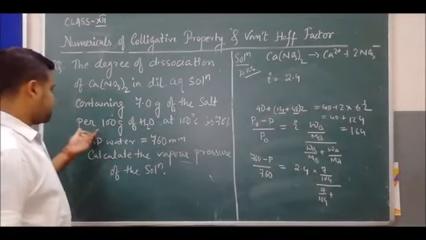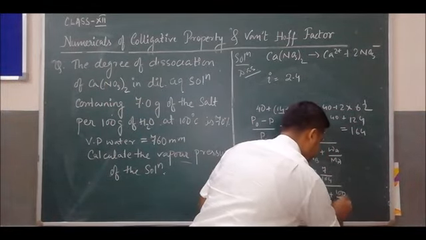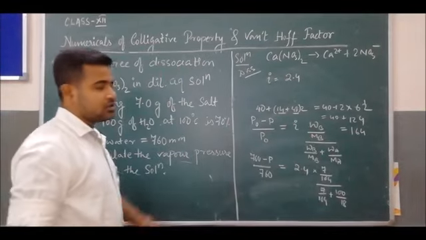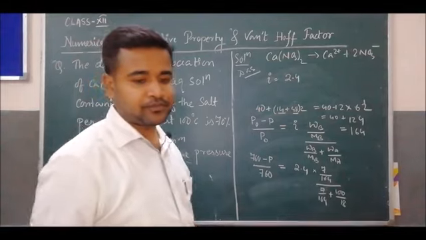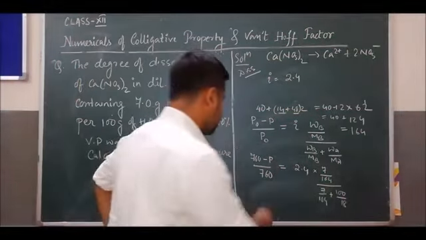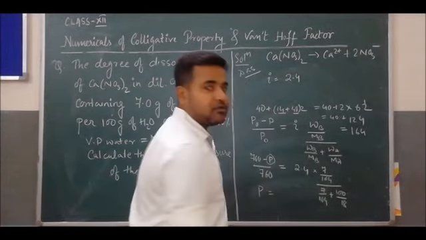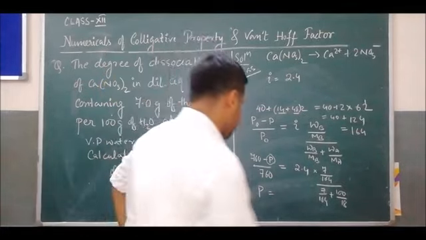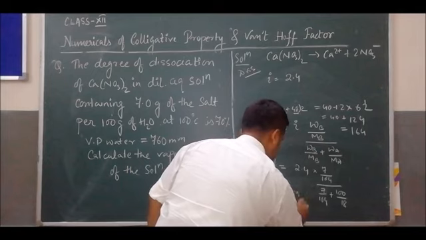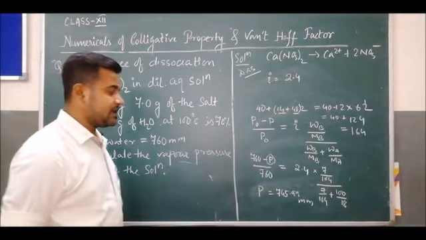How much water is there? 100 gram of water, means 100 by 18. Solve this one and finally we get P equal to 745.99 mm. So if we solve this, the P value will come 745.99 mm.